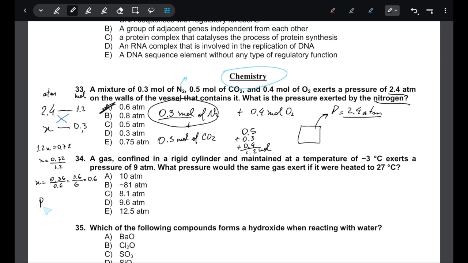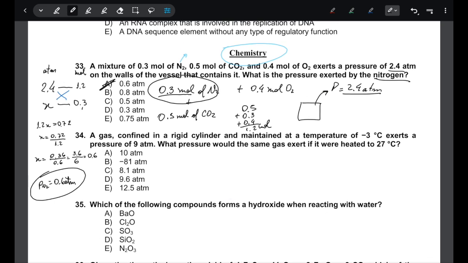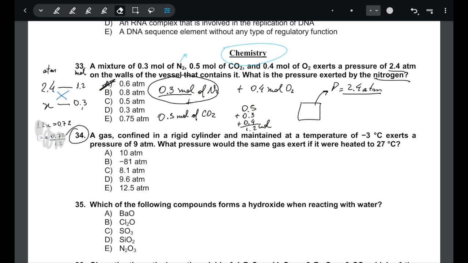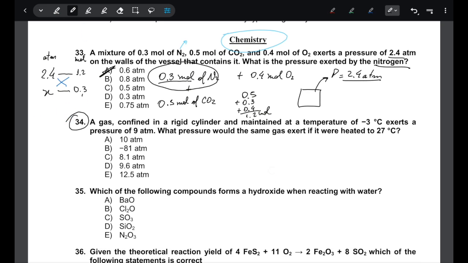This is the partial pressure of nitrogen. 0.6 atm. Okay? All right. The first one we've done. Now let's go to the second one, the 34. I'm going to make some space here for the next question. All right, there you go.